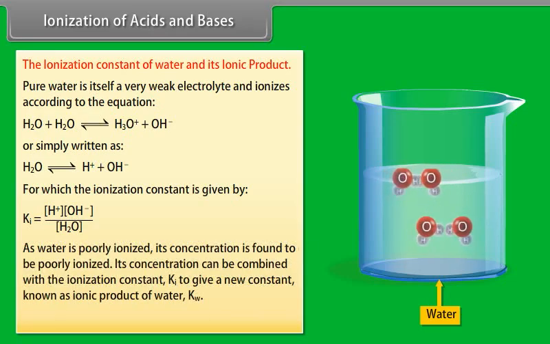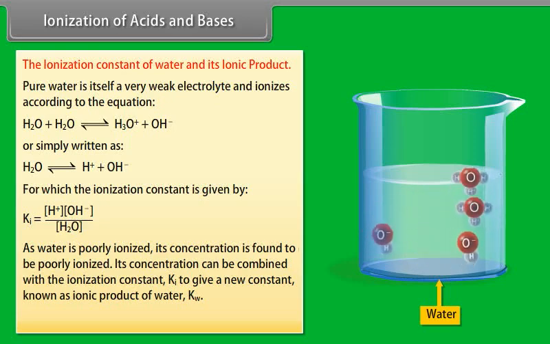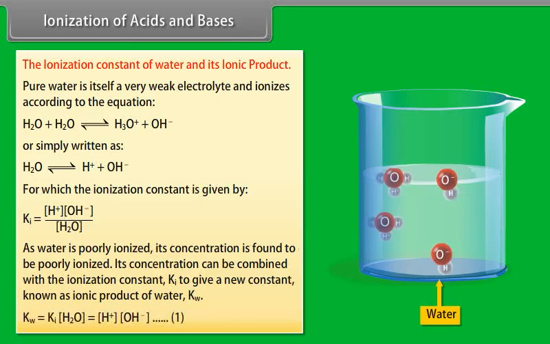As water is poorly ionized, its concentration is found to be constant. Its concentration can be combined with the ionization constant, Ki, to give a new constant, known as ionic product of water, Kw. Name it as equation 1.